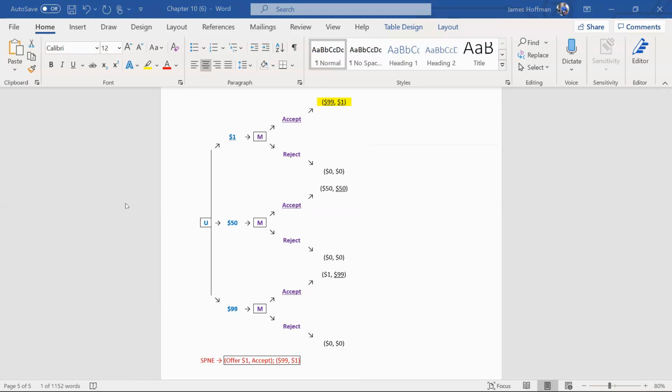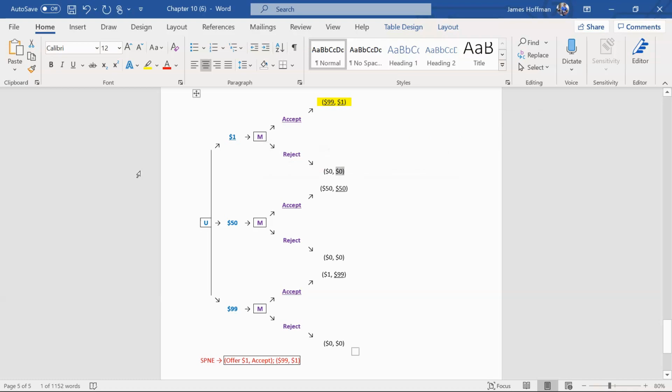So look at the second mover's options first, and then the first mover, the union, is going to look at that and make its decisions based on its first mover advantage. The union knows, or can calculate, what the second mover, the management, is going to do. If the management gets this offer, they can accept it and get $1, or reject it and get zero.